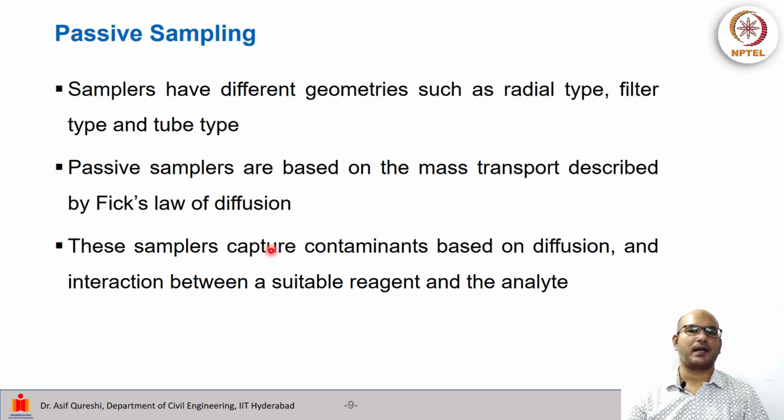These samplers capture the contaminants based on diffusion of the analyte towards the material which will sorb the analyte, and the interaction between the suitable reagent on the sorbent and the analyte.